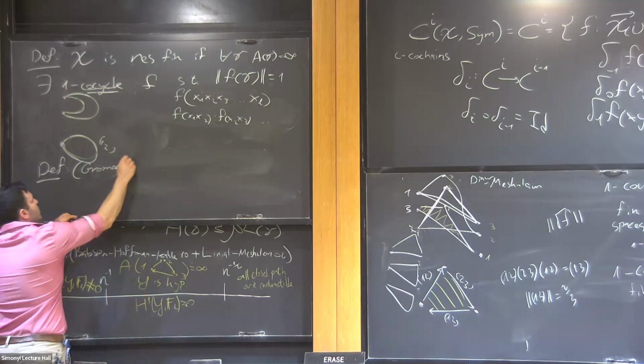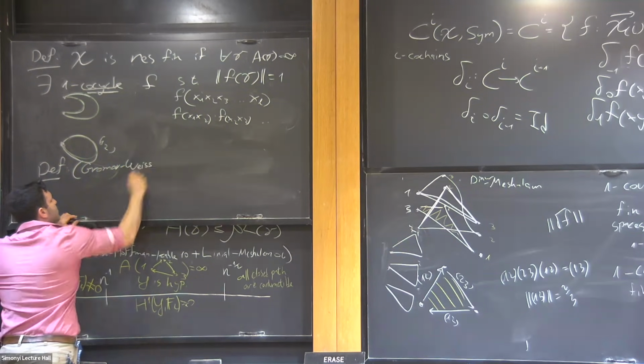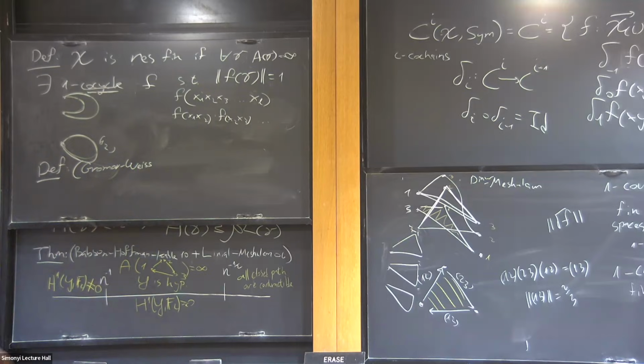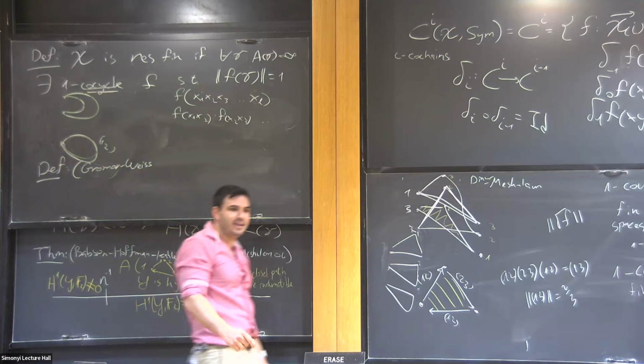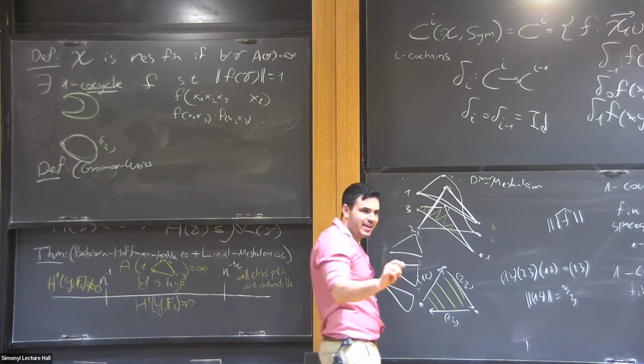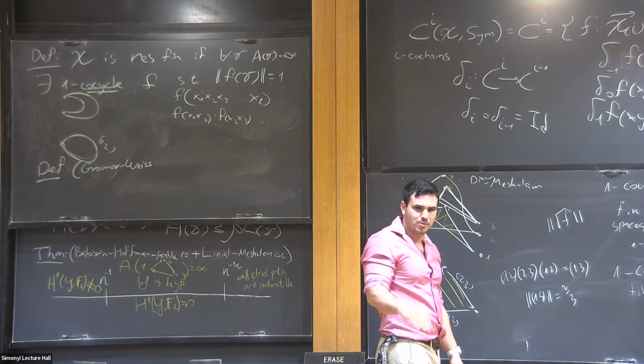You want to give us a simplicial complex that's not residually finite? Let me tell you that I can do it for a CW complex. Is it okay for you?